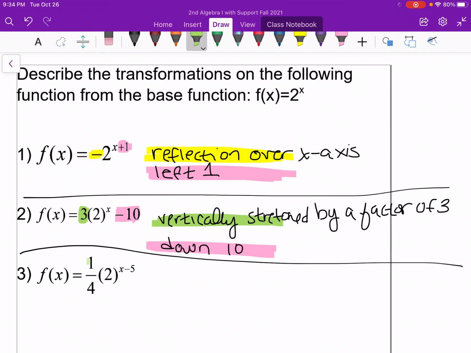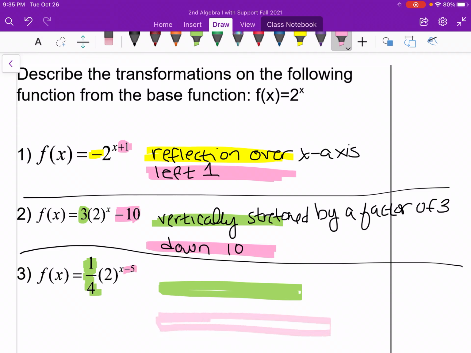And then this last one, from 2 to the x, I see a 1/4 out front, so that's one item. I also see a minus 5, so that is the second item. So the 1/4, that's in the A spot. Since the absolute value of that is less than 1, that is vertically shrunk by 1/4.